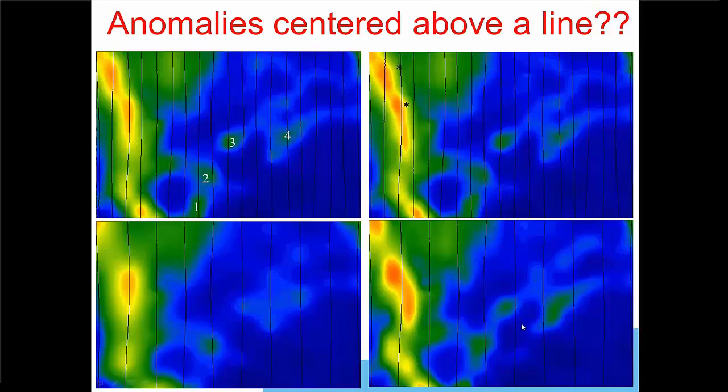And most unfortunately, particularly on the right-hand side at the bottom, there are anomalies that just can't be true because the anomalies are not centered upon lines. So it's a brutal way of testing a gridding algorithm, but it's something that's well worth doing, and then having a good hard look at seeing whether the estimate of the field contains any anomalies centered between the lines rather than above the lines.